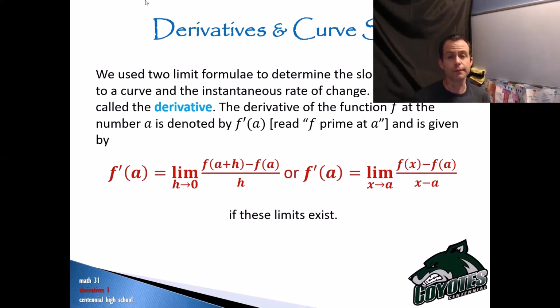Or we could say the derivative of f at a, f prime at a, and is given by the following. Well, f prime at a could be the limit of f of a plus h minus f of a all over h, where h is approaching 0. Or it could be f prime of a is the limit of f of x minus f of a all over x minus a, where x is approaching a.